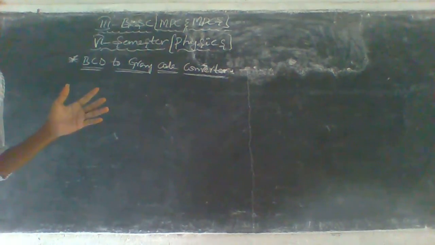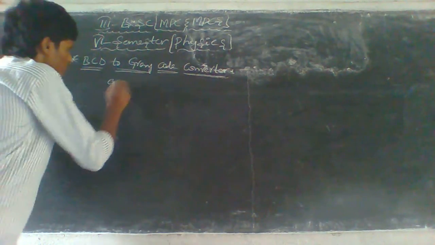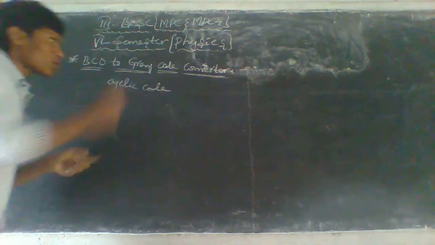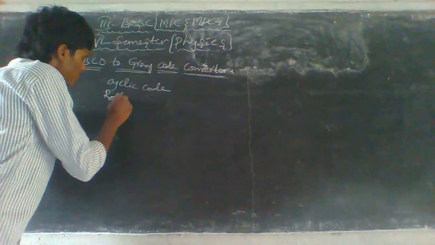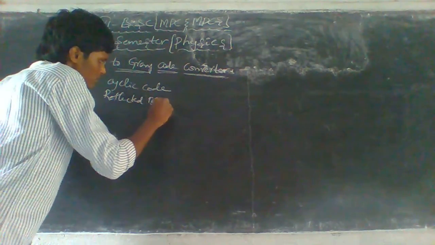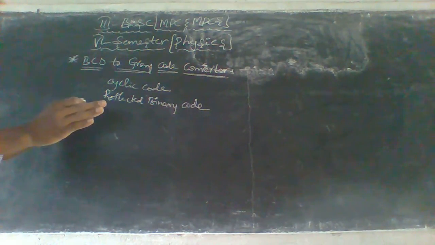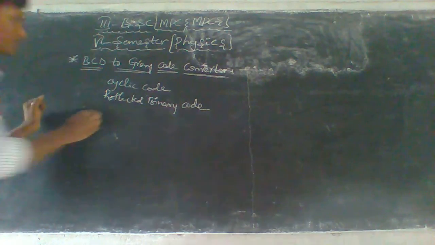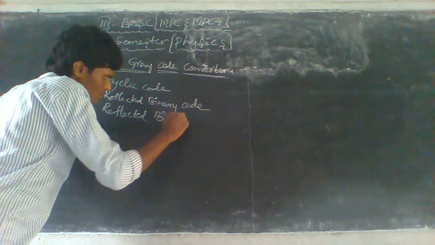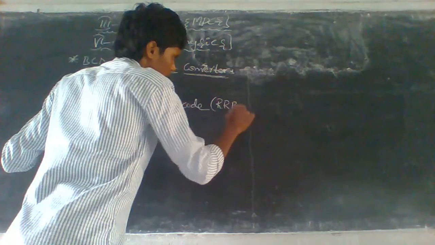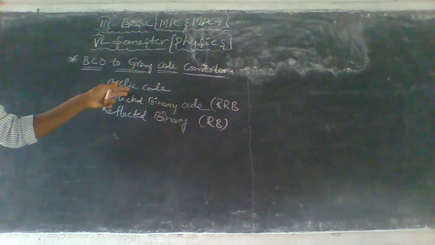A Gray code is also known as a cyclic code or reflected binary code, or RBC, or cyclic code CC.